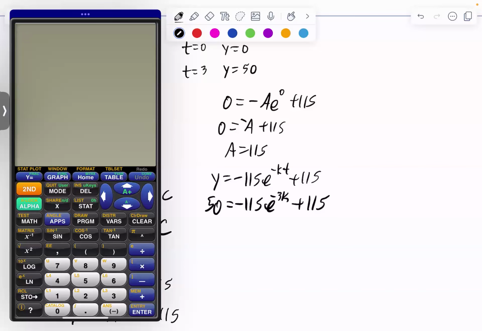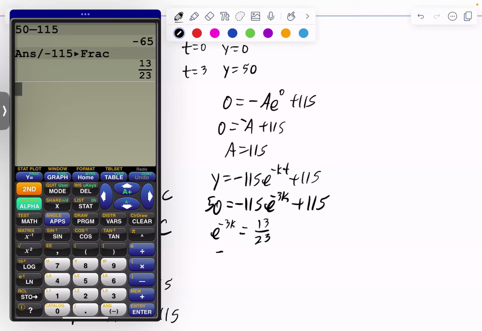So let's do 50 minus 115. And I'm going to divide by negative 115. Let's get a fraction. So I'm going to get e to the negative 3k equals 13 over 23. That's subtracting the 115 and dividing by the negative 115 in front.